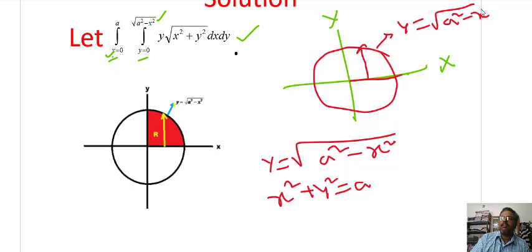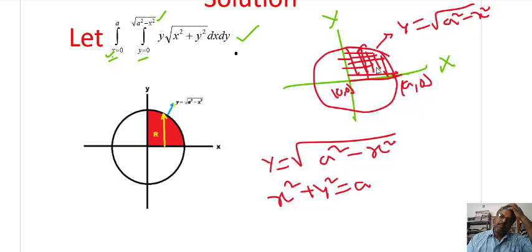Now the point is a comma 0, because a is the radius. The x limit is 0 to a, which means this region only: the circle in the xy plane, the region between the x-axis and y-axis, which is shown in this diagram.